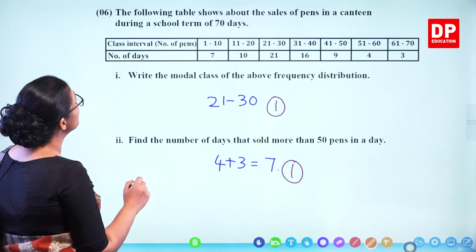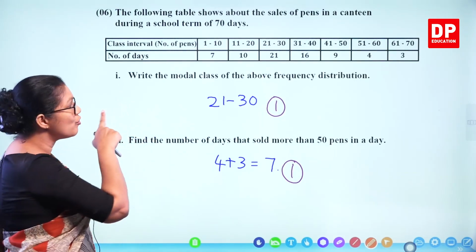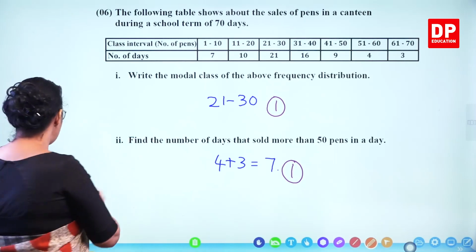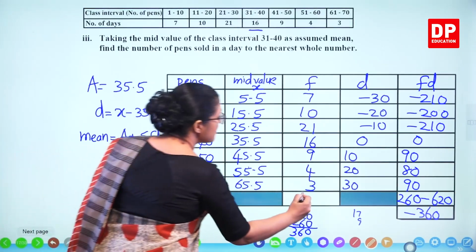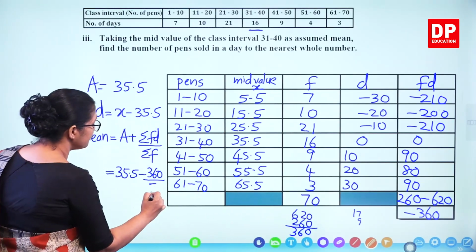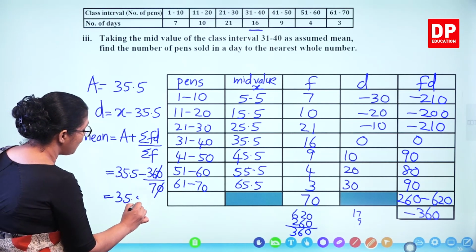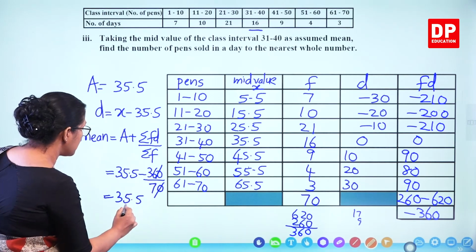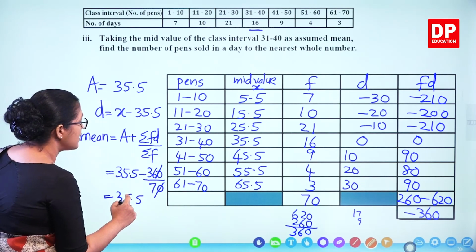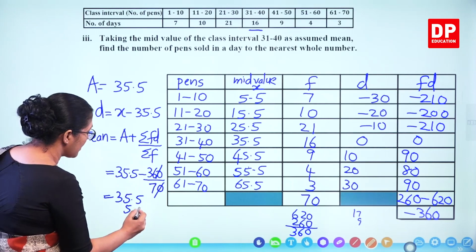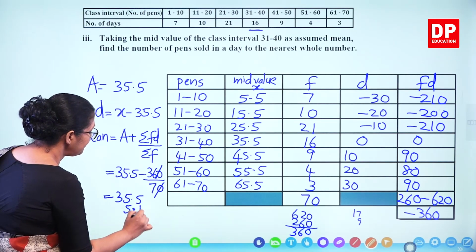Is it given in the first part? 70 days. So you don't need to add again. So this is 70. So when you divide, 35.5 minus, 7 times 5, 35 for 10, that's 1.